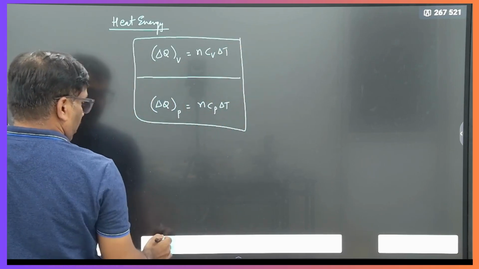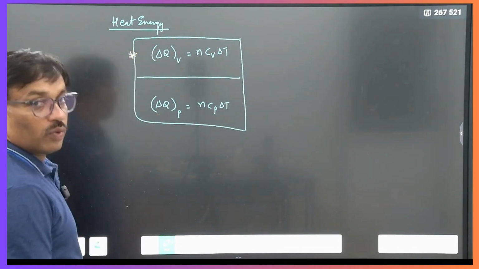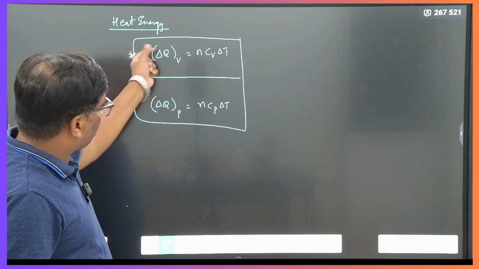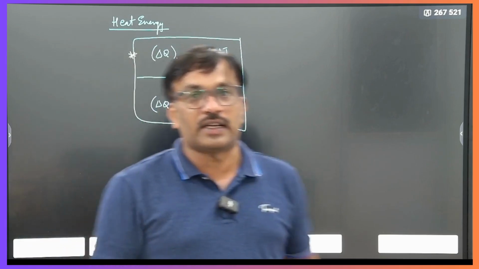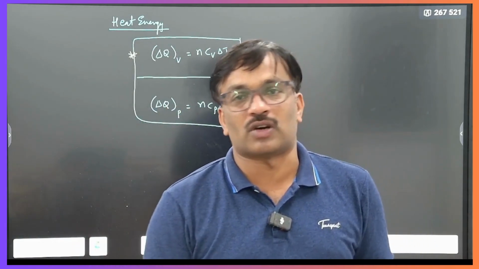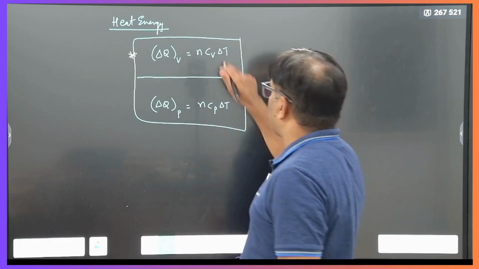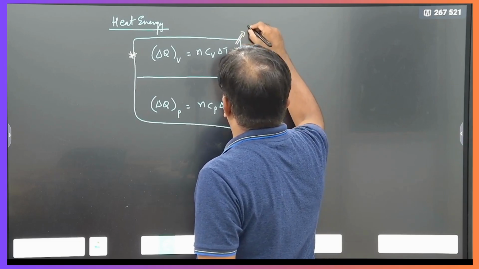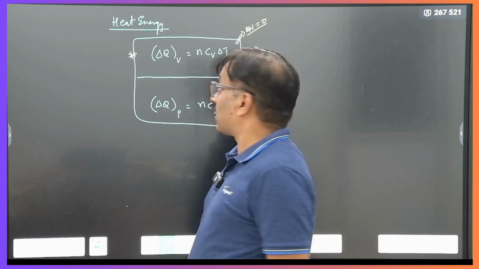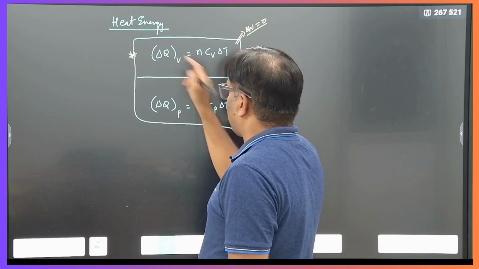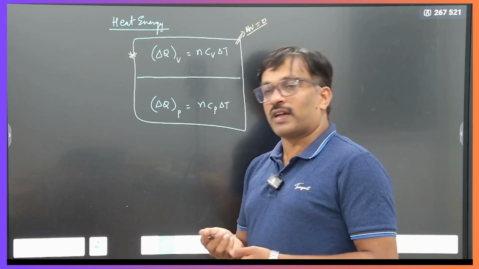Delta Q, the heat energy supplied at constant volume, is nCV delta T. Volume is constant, so volume is not increasing or decreasing. So the amount of work done will be zero. Clear? Because we are supplying the heat energy, by keeping the volume constant, work done is zero.